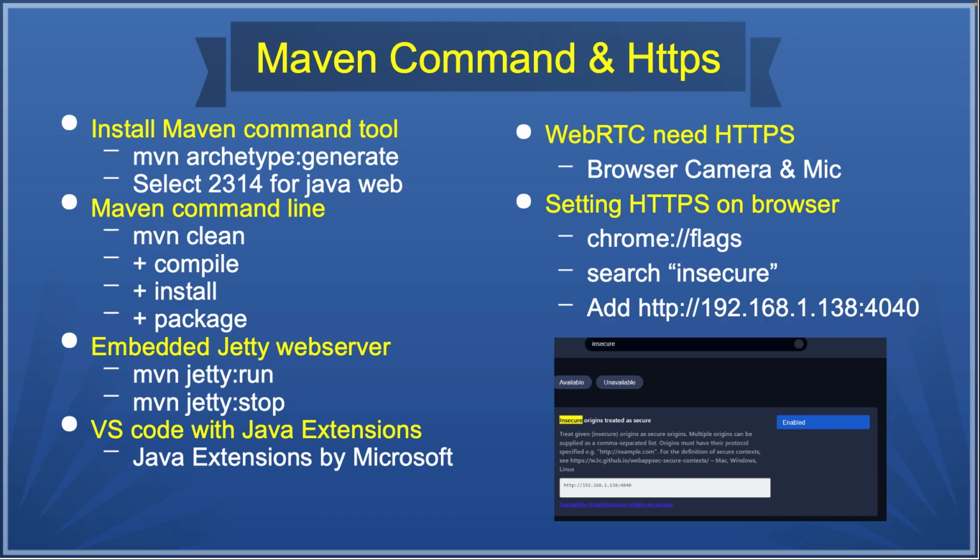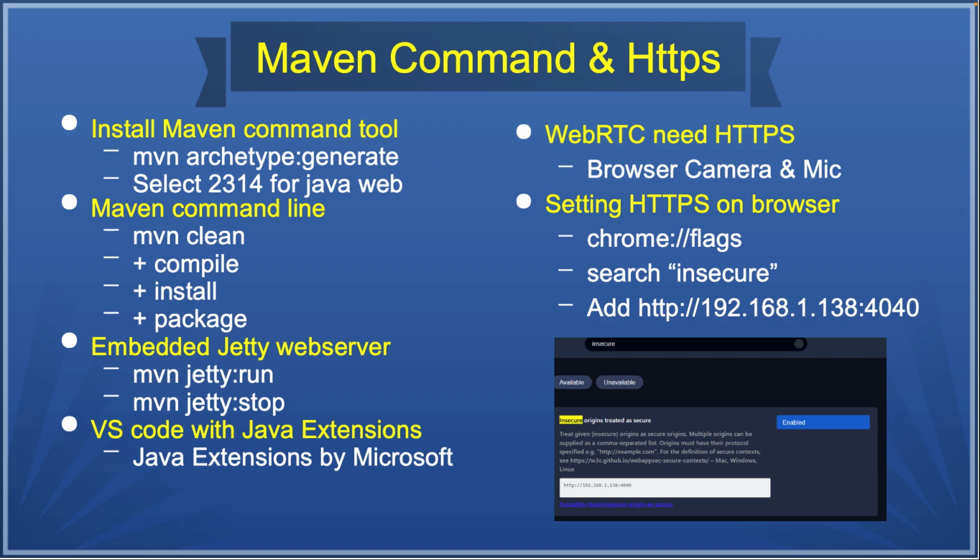To set this up on the browser, go to Chrome or Opera. I never checked Firefox and Edge. I use Chrome and Opera: open Chrome flags, search for insecure, and add your local IP and the port number you want to use.